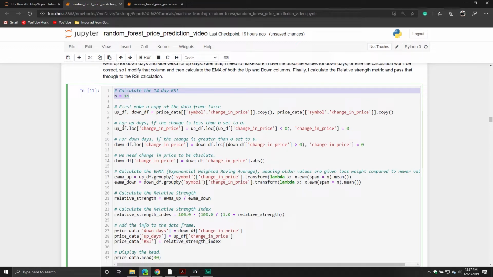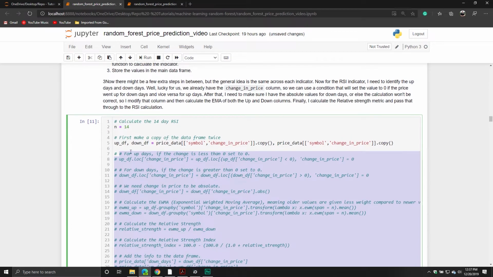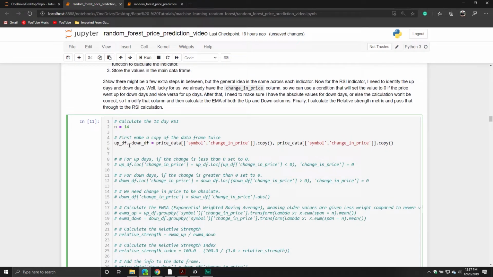So the first thing that you need to understand, so I'm going to kind of copy this out, is I do make a copy of certain columns from my data frame. So the first thing I do is I take my price data frame and I select the columns I want. In this case, I want the symbol and change in price, and then the symbol and the change in price. And then I call the copy method.